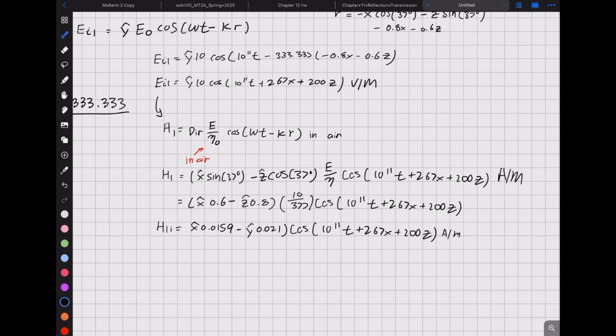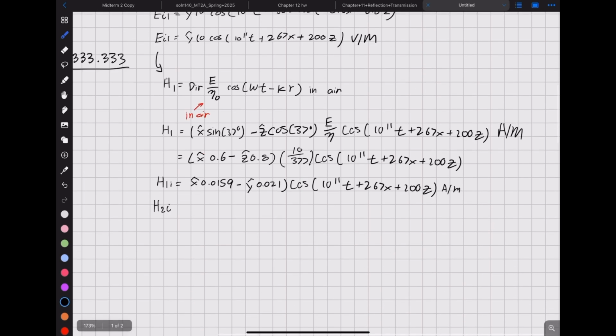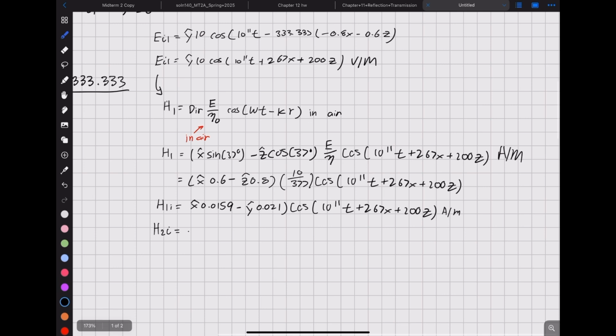Alright, next we're going to need H2 of I. H2 of I is going to be this one that we found here. Should be in the negative y direction. So we're going to have negative y hat.